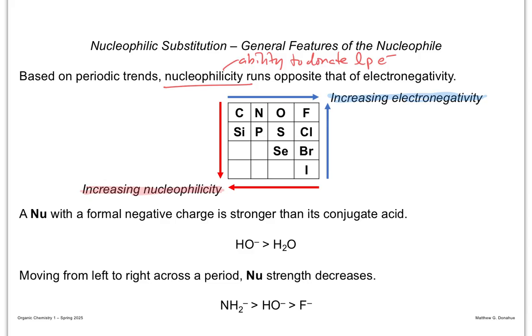So when comparing a negatively charged nucleophile to, say, its conjugate acid, like hydroxide versus water, so negative versus neutral, the negatively charged one will react faster because it has that lone pair exposed. That's why it's bearing the negative charge. So hydroxide is a better nucleophile than water.